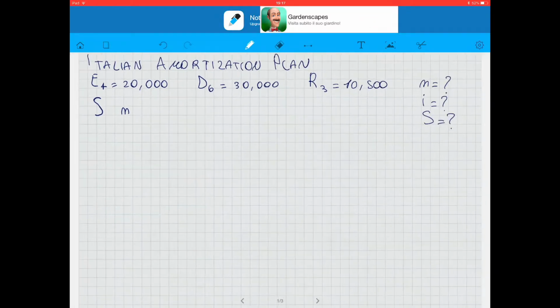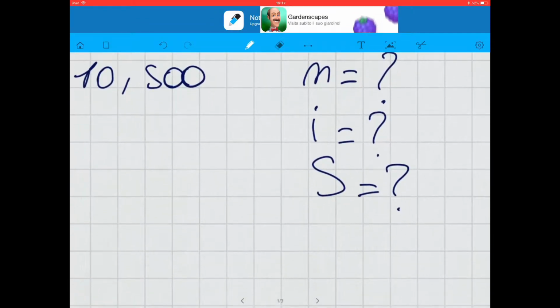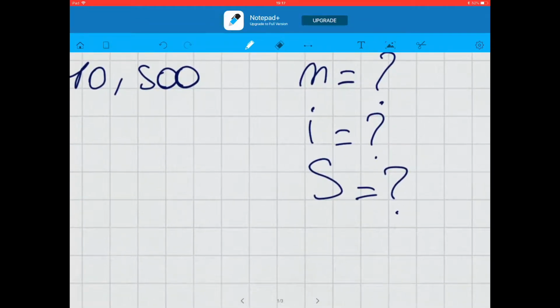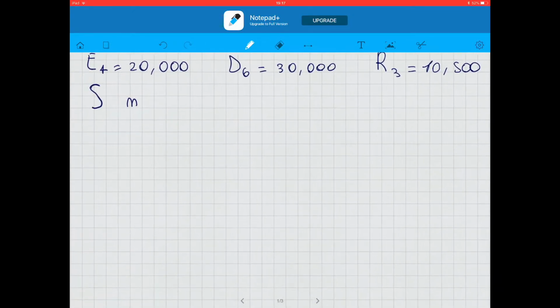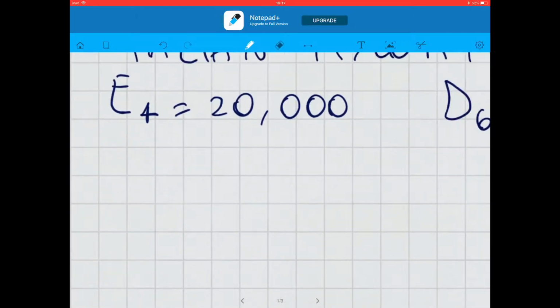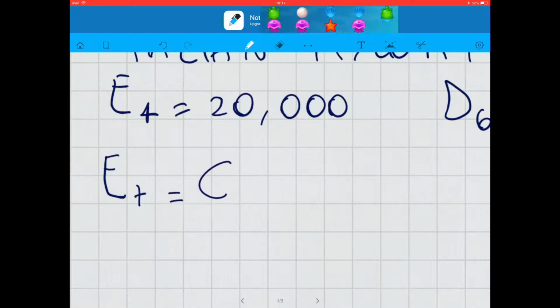So we need to find our loan, the period of time and the interest that the bank is asking for.